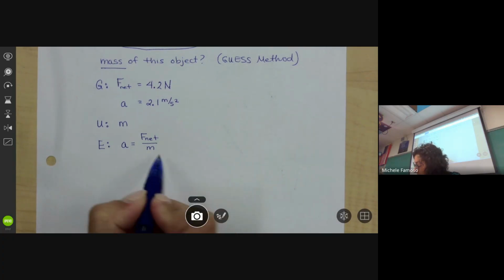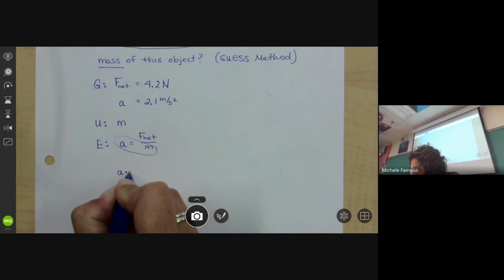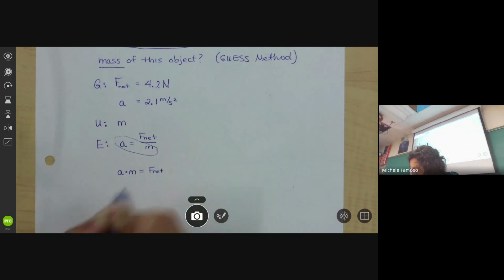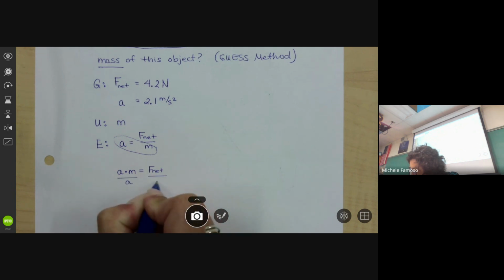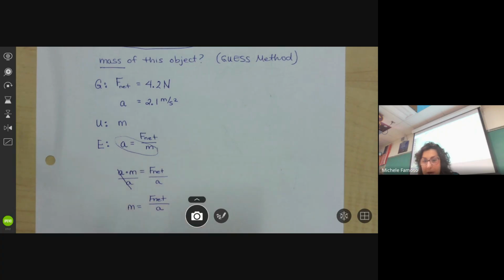Since m is in the denominator, we got to get it out of there first. So that means I would have a times m is F net. And then I'm going to divide both sides by a. So m is F net divided by a.